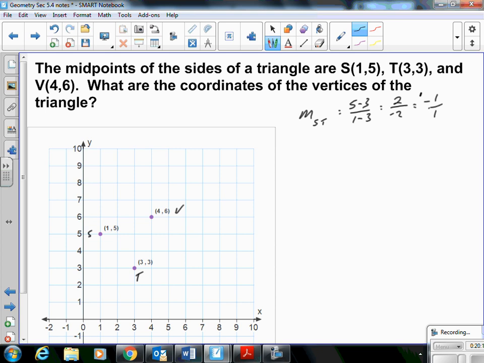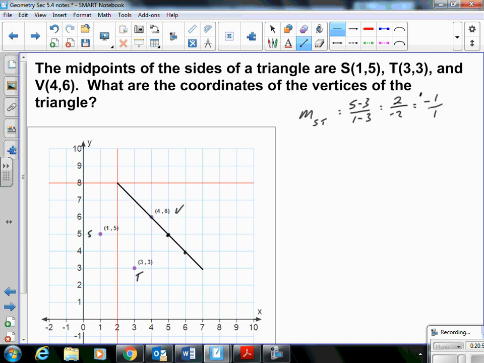So using that slope, if I go to point V and I do a slope of -1, from point V I'm going to go down 1, that's the negative, and to the right 1. So there's a point. I go down 1 and over 1, another one to make another point, which then I can draw a line that goes through those points.